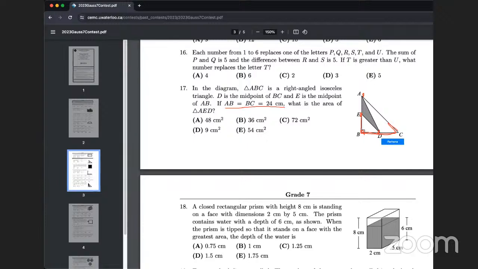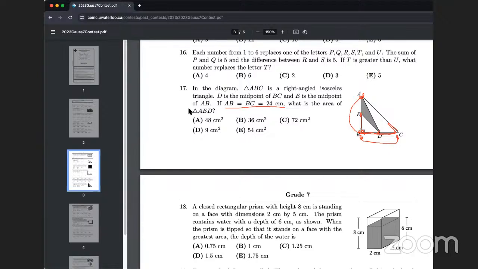So these are the midpoints, right? So this is a line segment B to C. And if B to A is 24, and it's the midpoint, so what's 24 divided by 2?